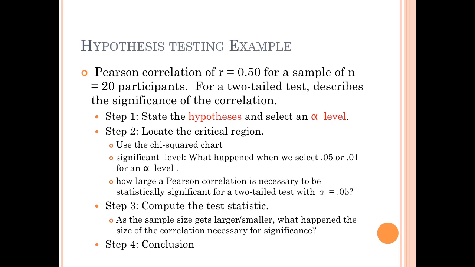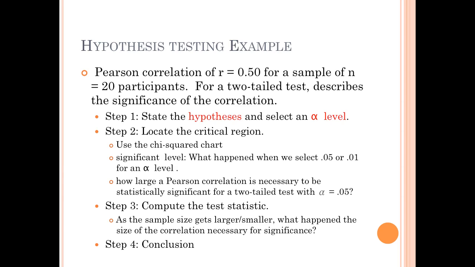Would your critical regions get smaller or get bigger with the different alpha levels? An easy way to figure that out is to look at the table. So if you look at the table and go to two tails at 0.05 and look at the very first number and compare that to two tails for 0.01, for 0.05, you would need to get, for 1 degree of freedom, a correlation of 0.9969.